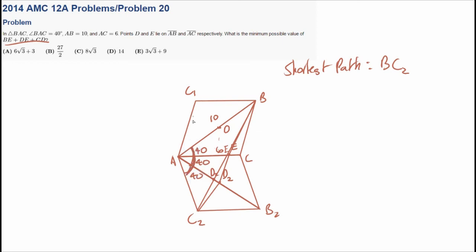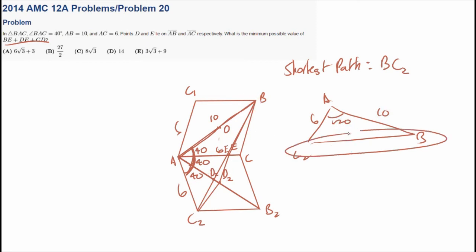AB is 10. AC is 6, so AC1 is 6, and AC2 is 6, because they're just reflections. So now we have a triangle, C2, A, B, with sides 6, 10, and angle 120. And we have to find this length.